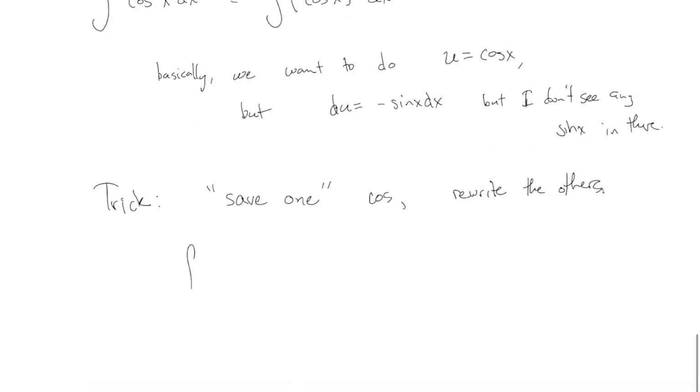Here's what I mean. What I begin with is cosine of x cubed, right? I'm going to save one of them as a cosine and then put the others as a cosine squared. So I write this as cosine squared x times another cosine x dx. This is the one I saved.